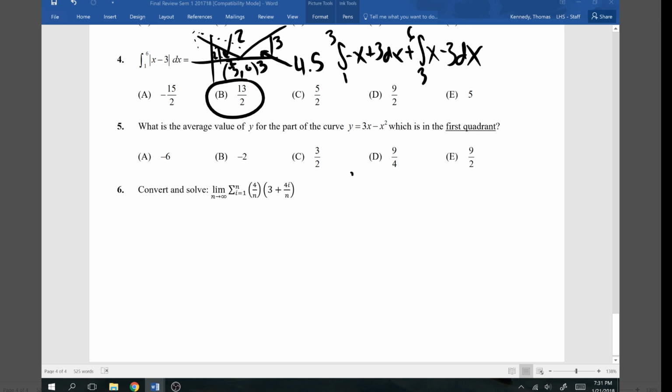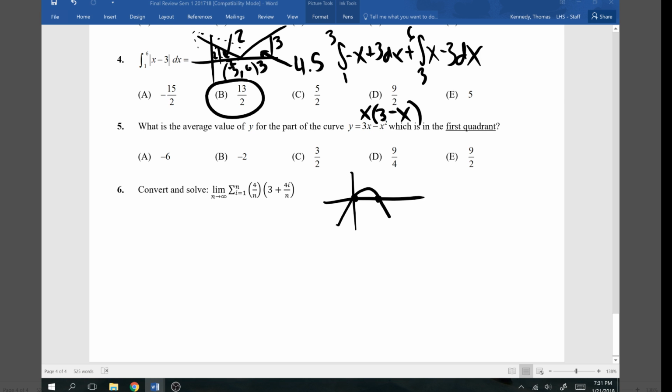So in 5, 3x minus x squared, if you don't know what the picture looks like, factor out an x. And all of a sudden, you know the two zeros are 0 and 3. You also know, because it's a negative x squared, it's an upside down parabola.